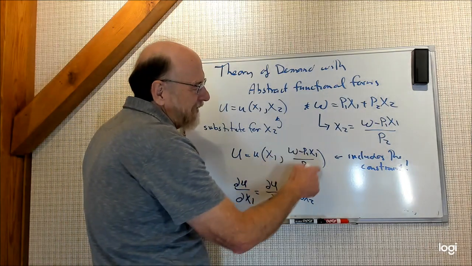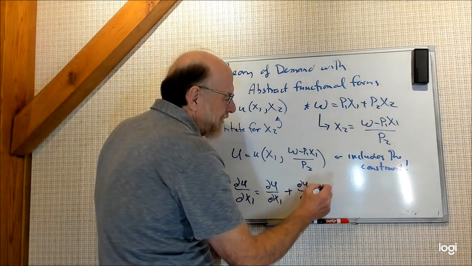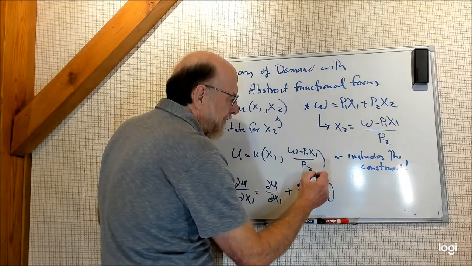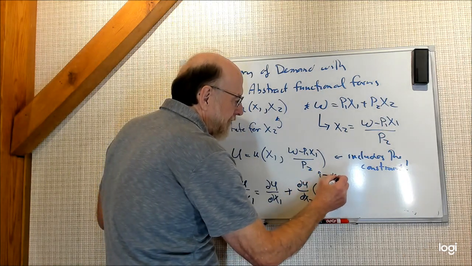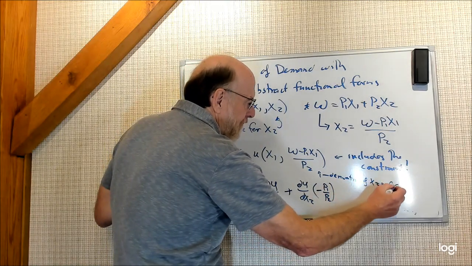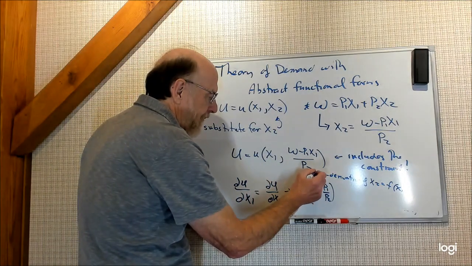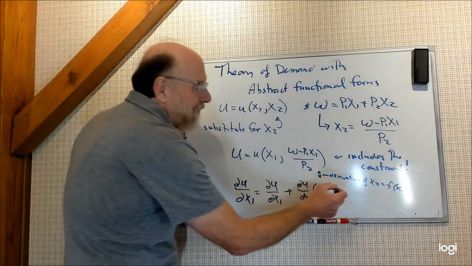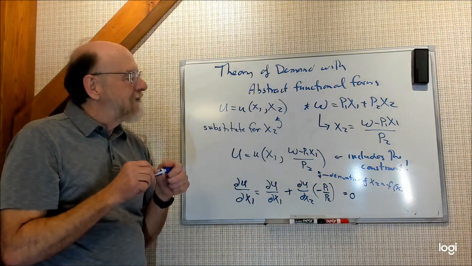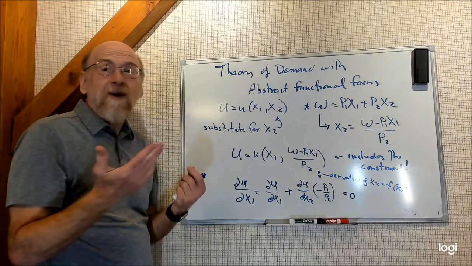If I take the derivative of this with respect to x1, it's going to be minus p1 over p2. And we're going to set that equal to 0. And that will be our first order condition.